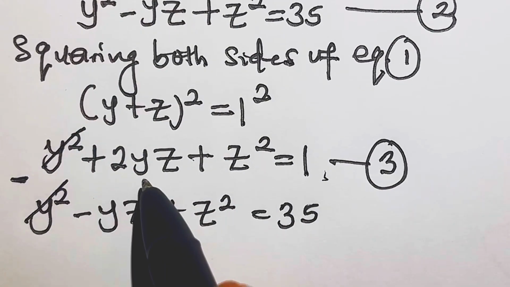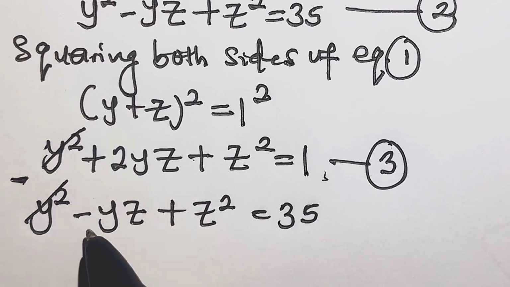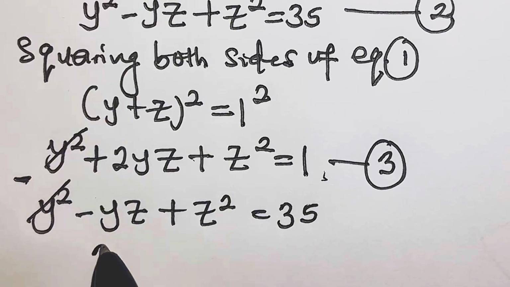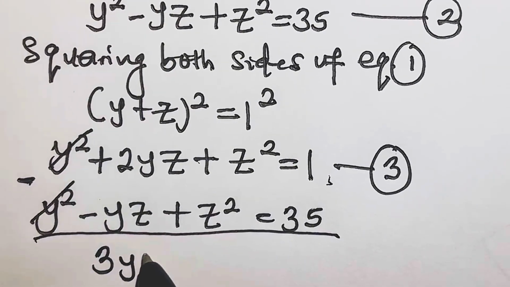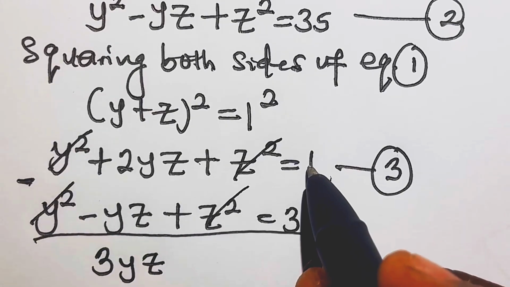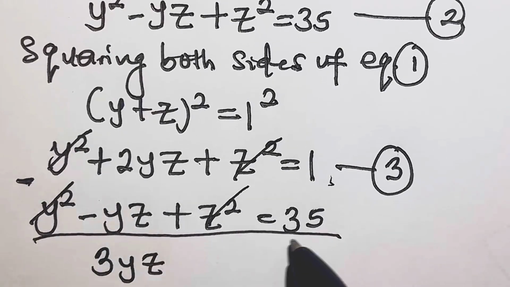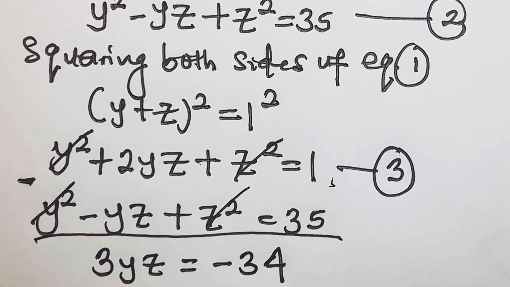So this will have 2yz, minus times minus, that is plus, so plus yz. So we have 3yz, right? So you also know that this will cancel this. So we have 1 minus 35. So that is minus 34.